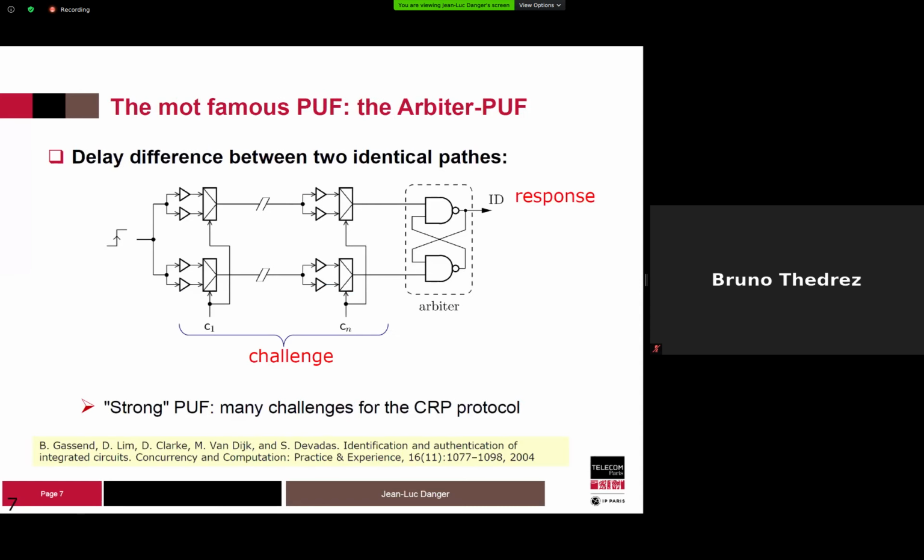Okay, and now let's have a look at the most famous PUF, the Arbiter PUF, which consists of two identical delay lines. The source of the PUF comes from the slight modifications which happen during the fabrication of the circuit, because it's very difficult to have exactly the same transistors.